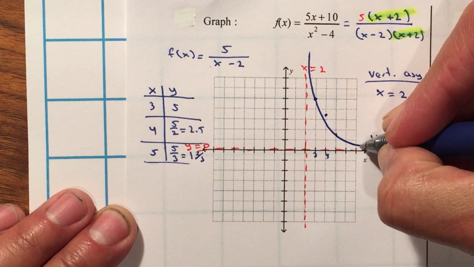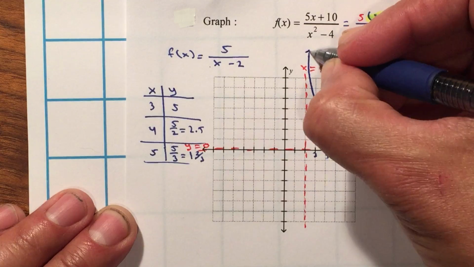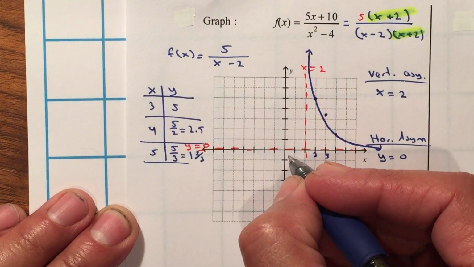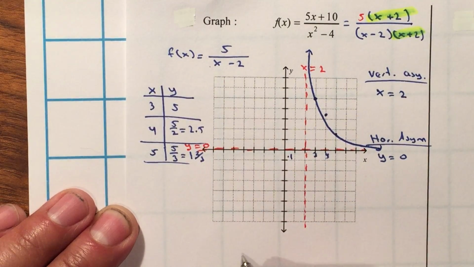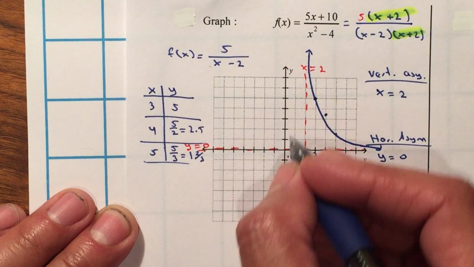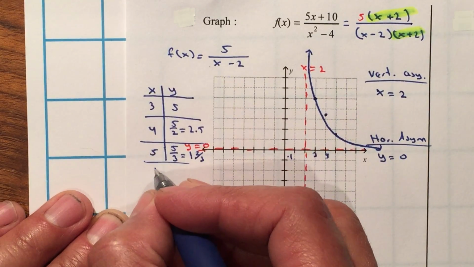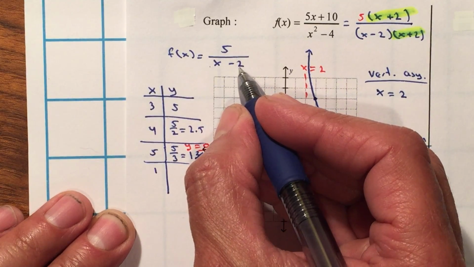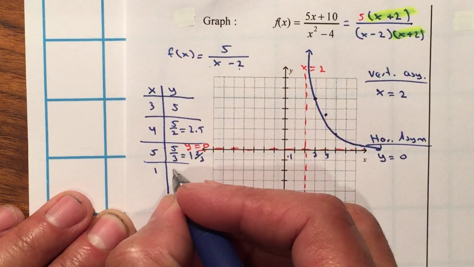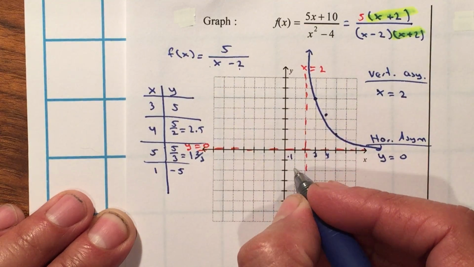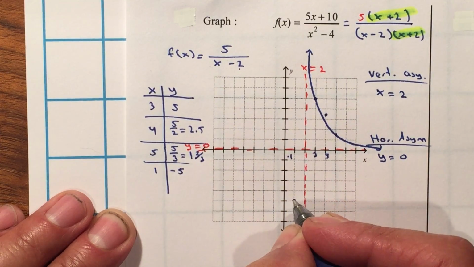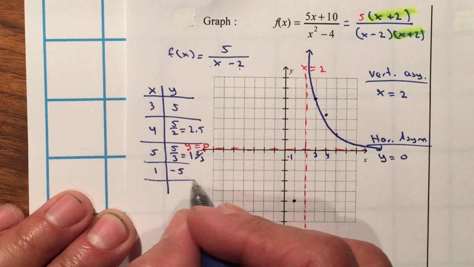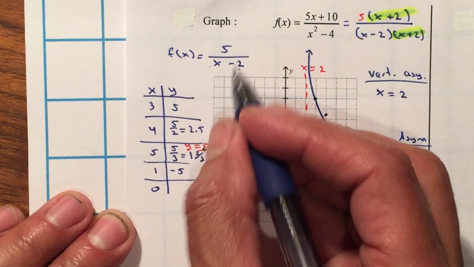On this side, there's an asymptote. Now I'm going to go over to the other side to see where the graph is located. Plug in a 1: 1 minus 2 is negative 1, and 5 divided by negative 1 is negative 5. Plug in a 0: that'll be 5 over negative 2.